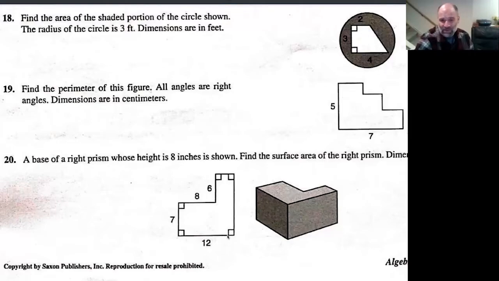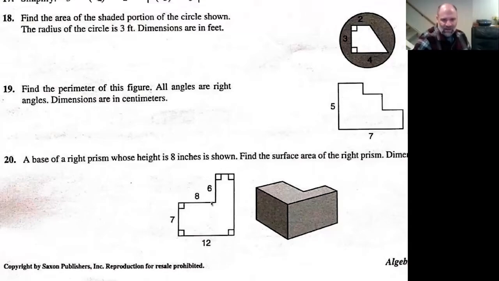The perimeter of this guy is just 2 12s and then 2 13s, right? Because the 7 plus 6 add up to 13. So 2 12s is 24, 2 13s is 26, so 24 plus 26 is 50. So the perimeter of this guy is 50.